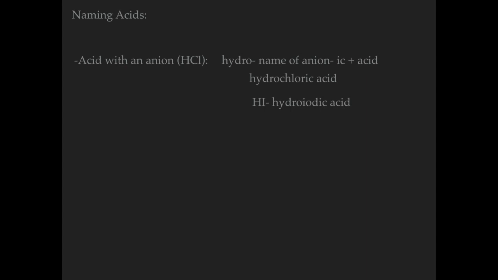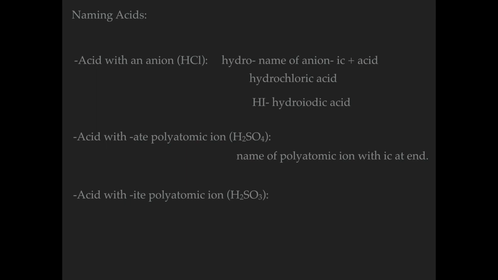If instead of just an anion, you have a polyatomic ion with an ate ending, so SO4 is sulfate, you simply get rid of the ending and add ic to it, no hydro needed. So in this case, you would have sulfuric acid. If you have a polyatomic ion with ite at the end of it, then you name it with ous at the end.